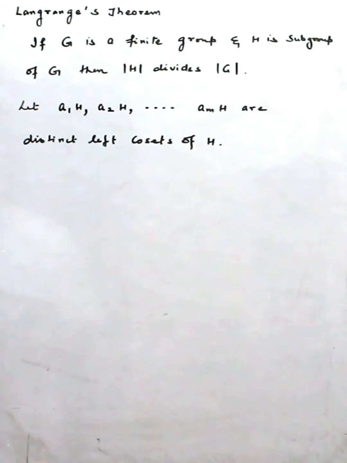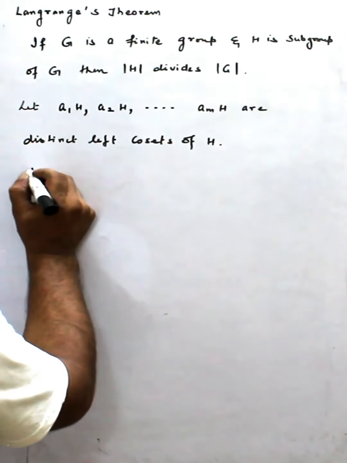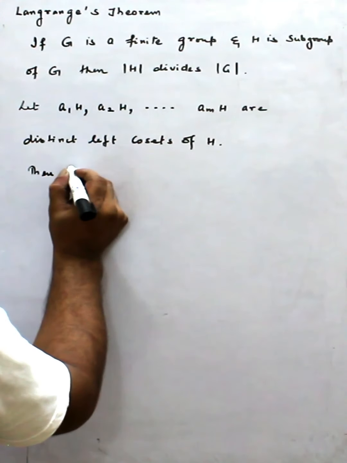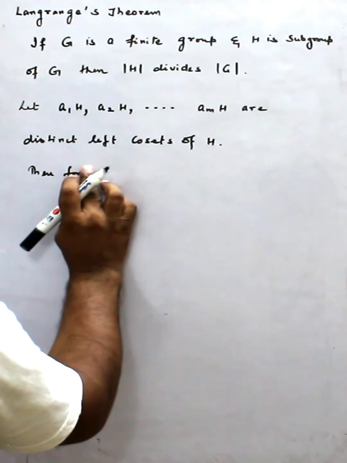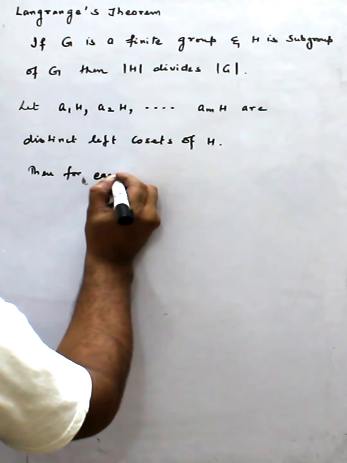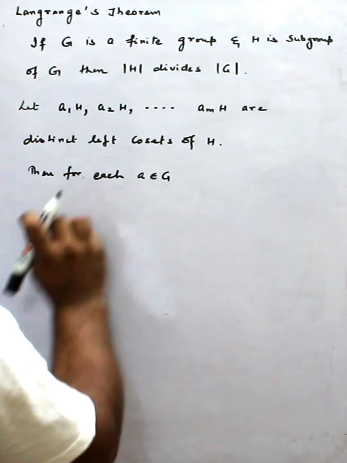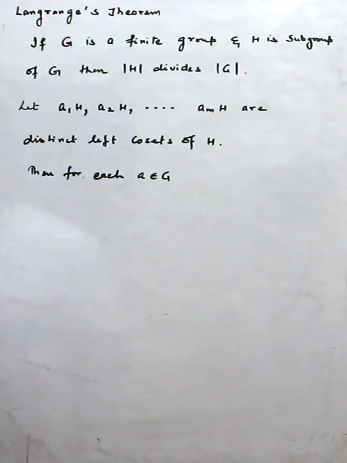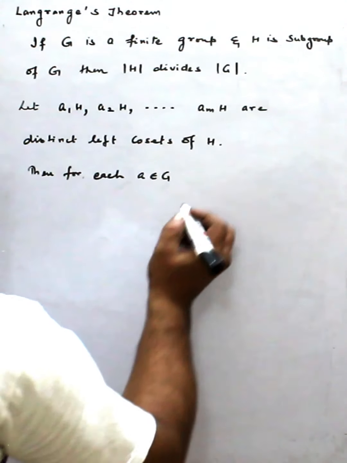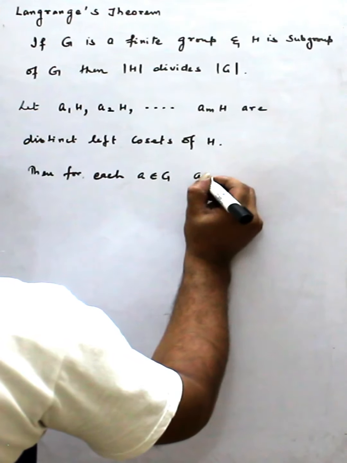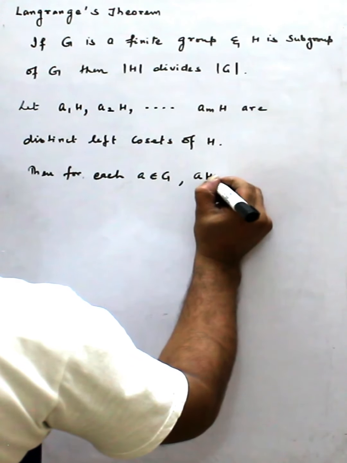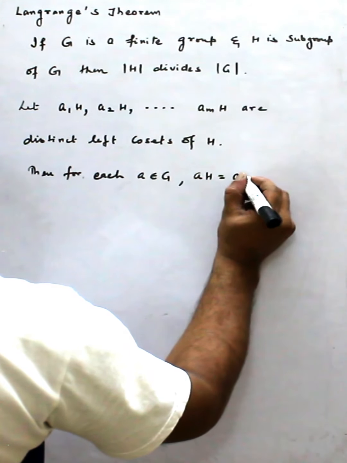Then for each A belonging to G, AH is equal to some AiH for some i.